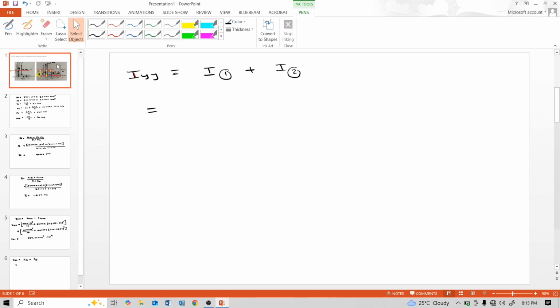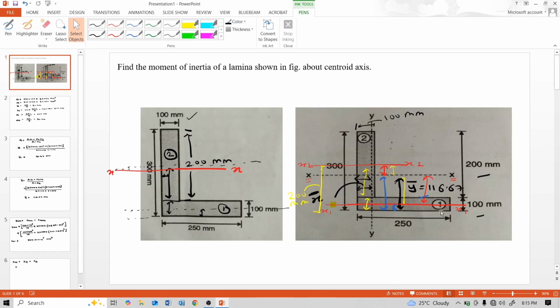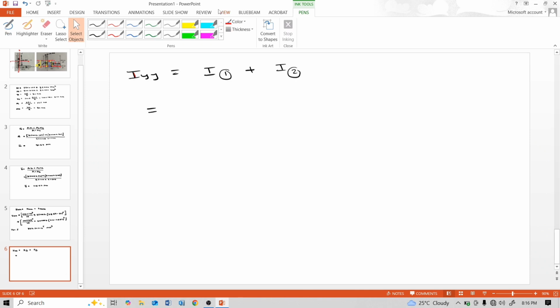For this first rectangle, the moment of inertia about the YY axis: the side parallel to this YY axis is 100 mm. That means 100 multiplied by 250 cubed by 12.